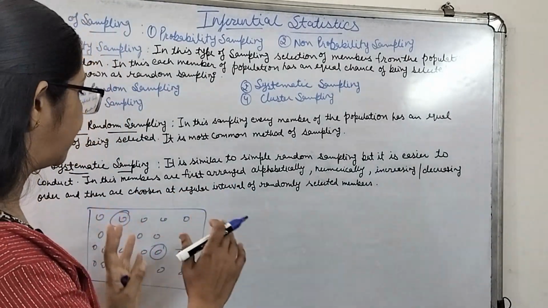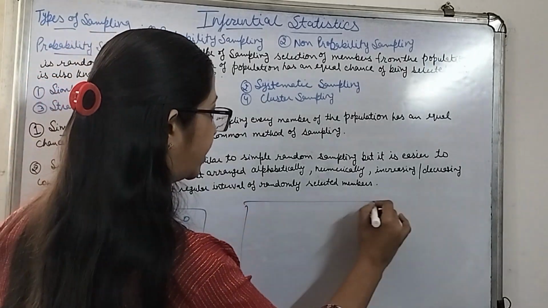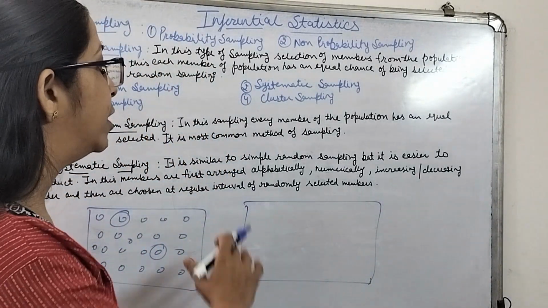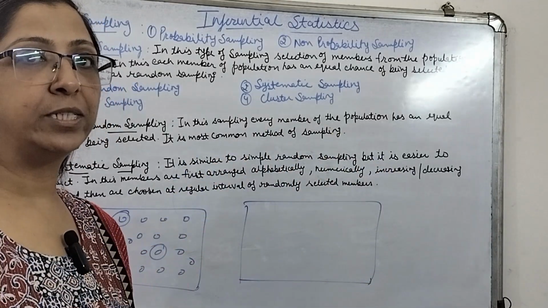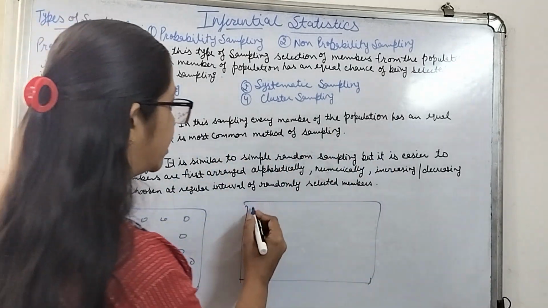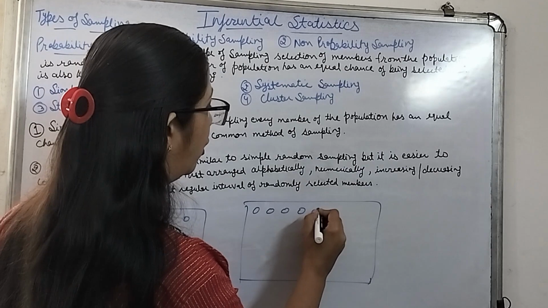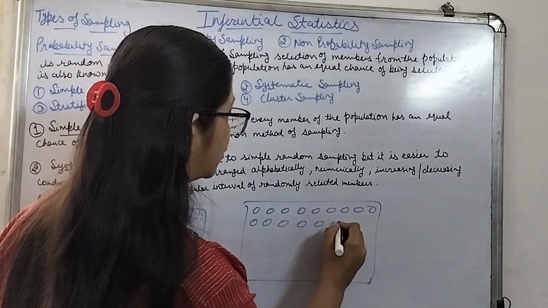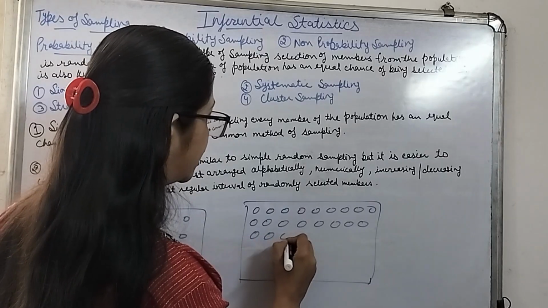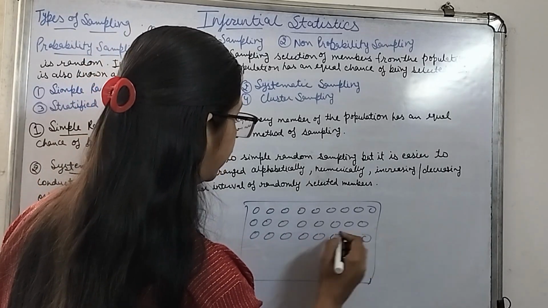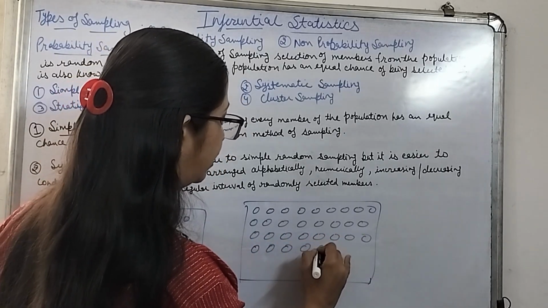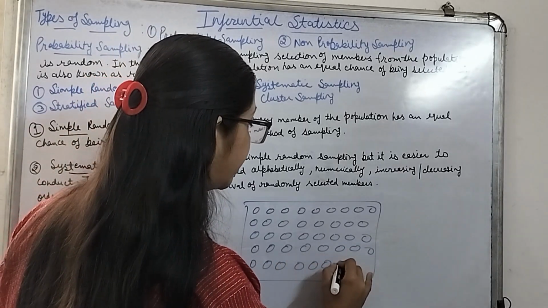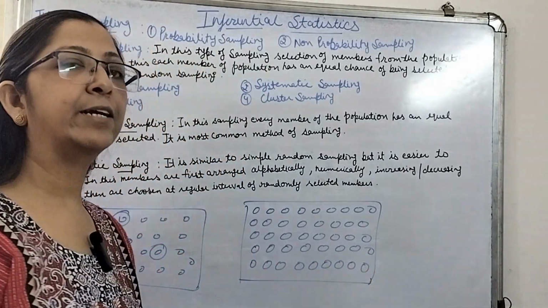Again, this is the population. For the same class, we have arranged all the students according to their roll numbers: roll number 1, then 2, then 3, and so on. So they are arranged systematically. Now suppose I have to select 5 members.